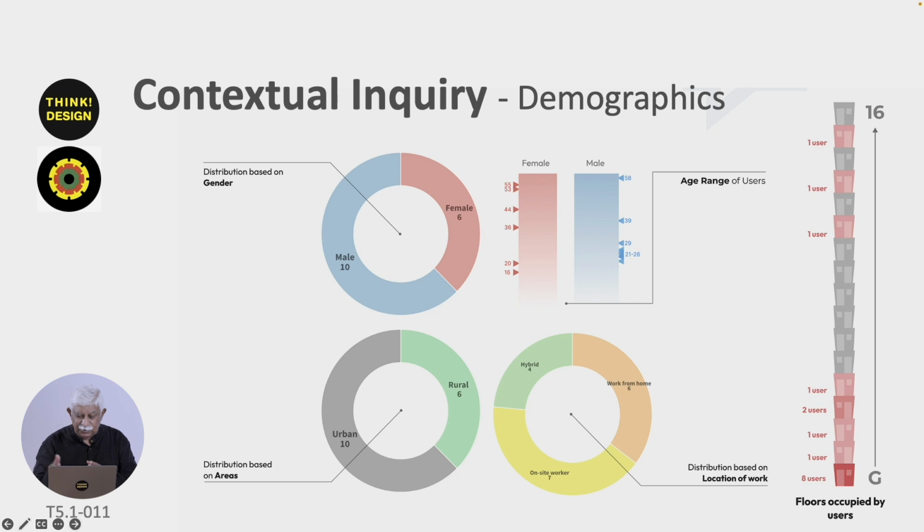On the right side, you can see the flows, where they talked to 16 users, and where the 16 users are located. Some are even located at the 15th floor, right? Then you had how many males versus how many females, and also their age range.